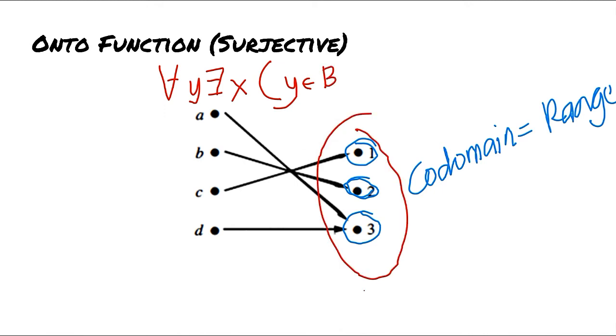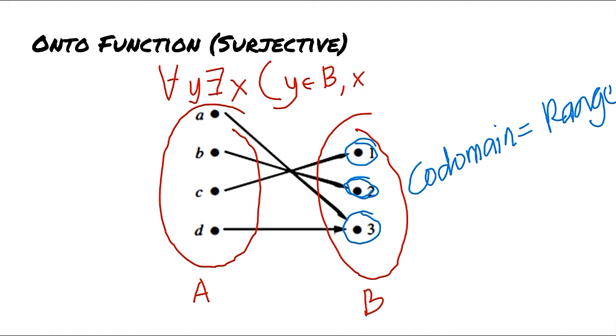So this is my set B, and this is my domain A. So for all Y in set B, there exists an X, which is an element of your domain, such that f of X is equal to y. So this is basically just the mapping.